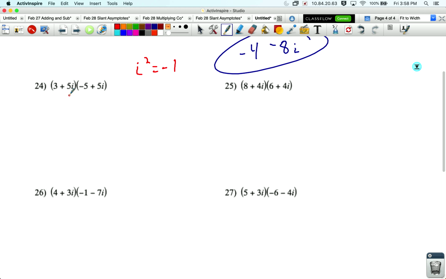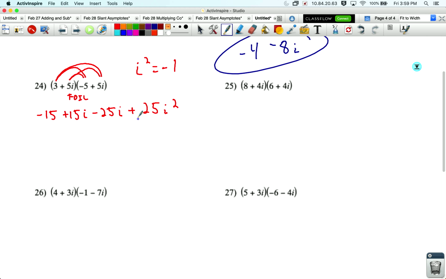All right, so I multiply, I'll write FOIL, show my arrows first, outside, inside, last. 3 times -5 is a -15. 3 times 5i is a plus 15i. 5i times -5 is a -25i. Plus 5i times 5i becomes a 25i squared. There's two i's there.